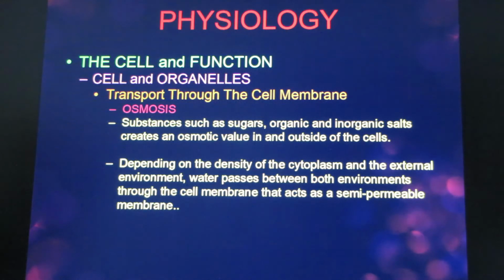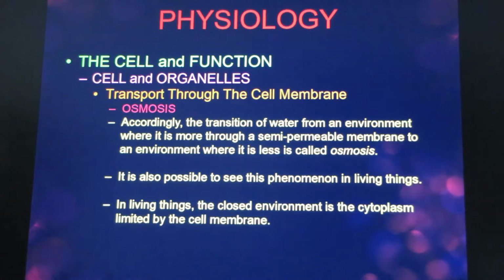So substances such as sugars, organic and inorganic salts create an osmotic value on the outside of the cells. Depending on the density of the cytoplasm and the external environment, which means the extracellular fluid, water passes between both environments through the cell membrane that acts as a semi-permeable membrane.